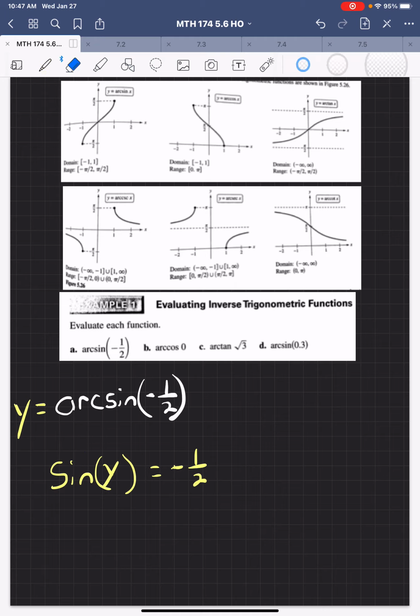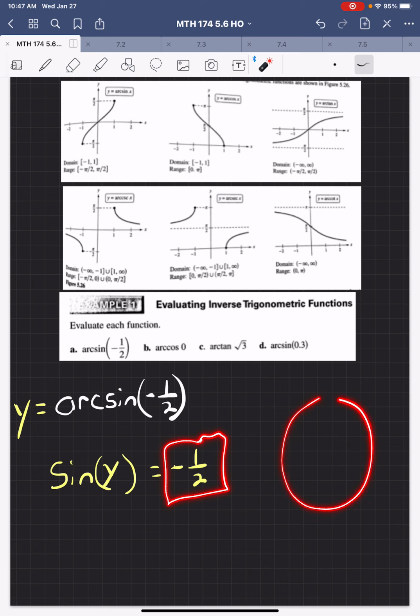Well, now this is easy. We grab our unit circle and look at where sine is equal to -1/2. You just have to be careful, because sine is dealing with the y value, and there are going to be two points where sine is equal to -1/2.